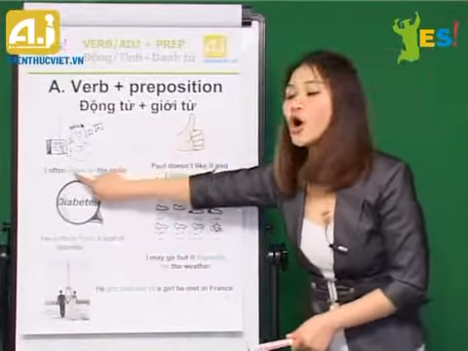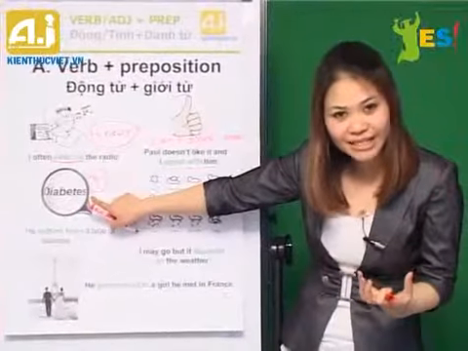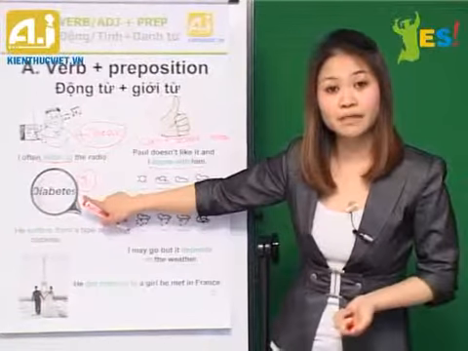The next one, we have a disease, diabetes. Diabetes, it may look difficult. So what is the meaning of diabetes? Diabetes is a serious disease in which the patient cannot control the level of sugar in their blood.